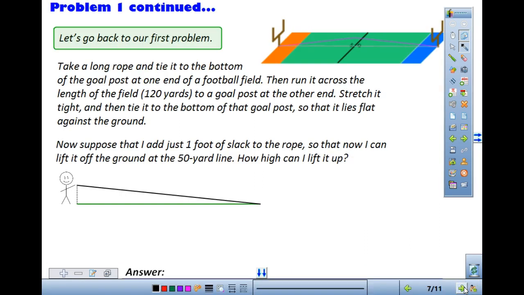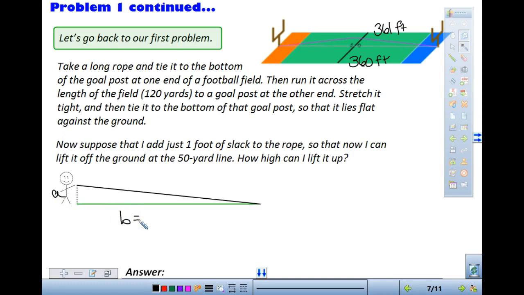So, back to our football field problem, okay? So, we gave some lengths. We said that this was 360 feet, right? And now this wire on top is 361 feet. So what we're trying to know is how tall it was, right? We don't know A. Do we know what this side B is?